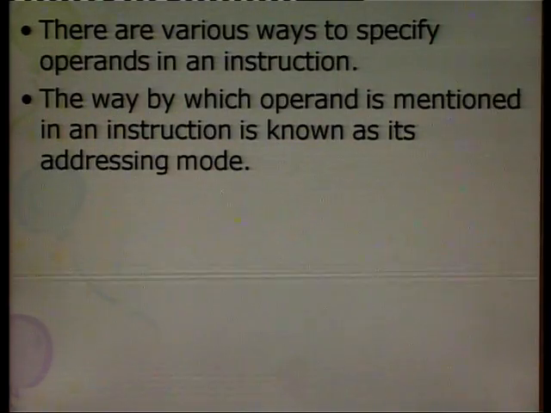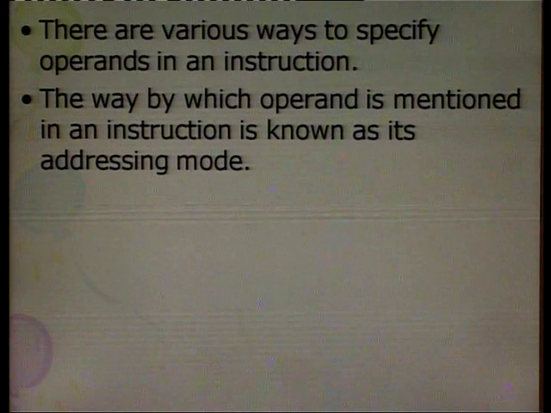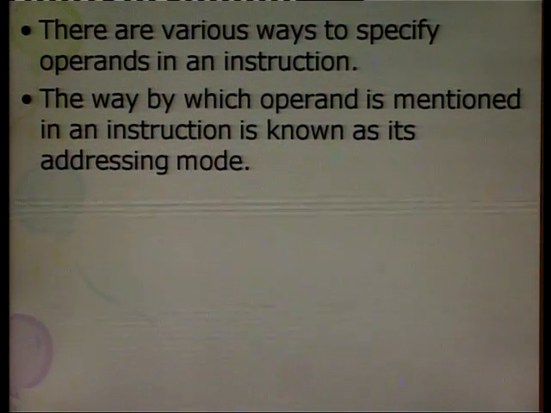So, I repeat once again, what do we mean by addressing mode? An instruction is a command to the microprocessor to perform some function within its capability, and there are two parts of the instruction. One is the opcode, which gives the information about the operation to be performed, and the other is the operand, which gives the information about the data upon which that operation is to be performed.